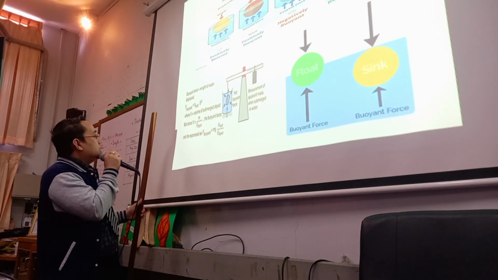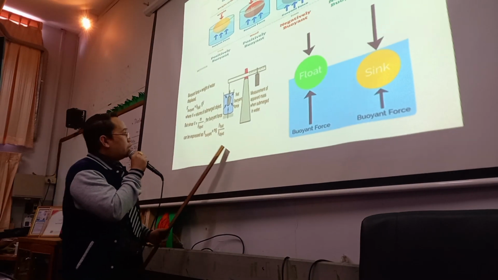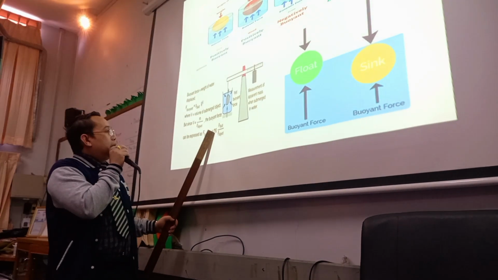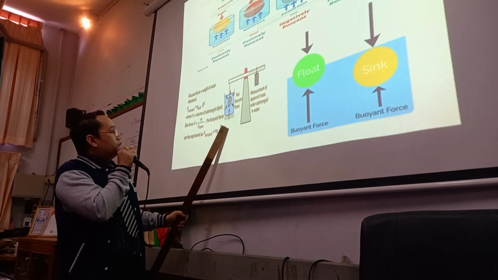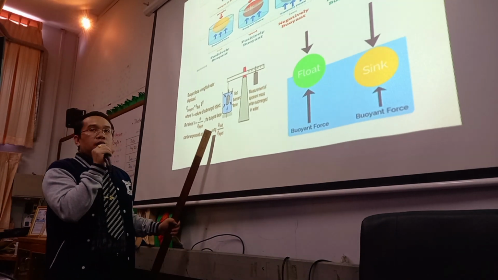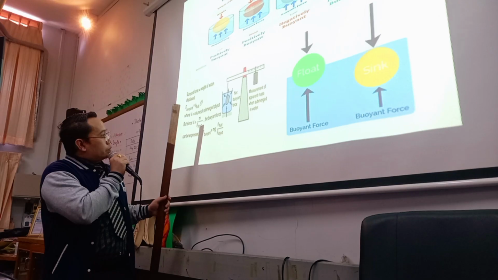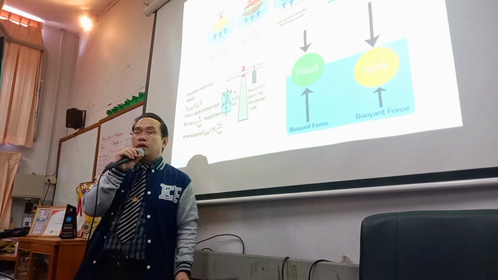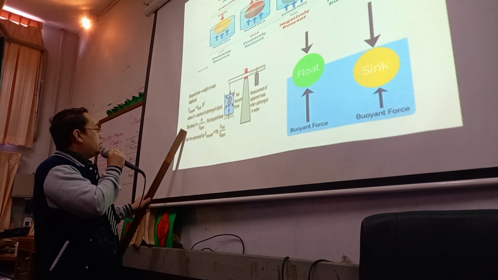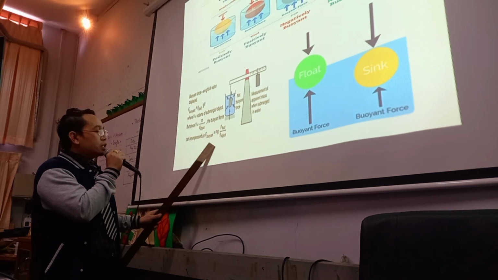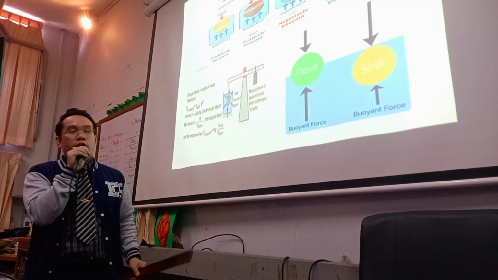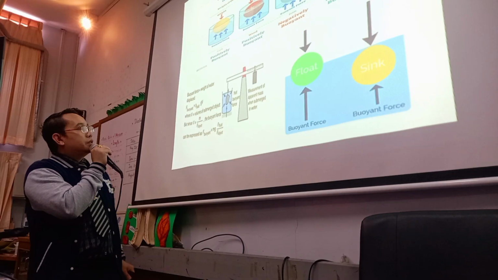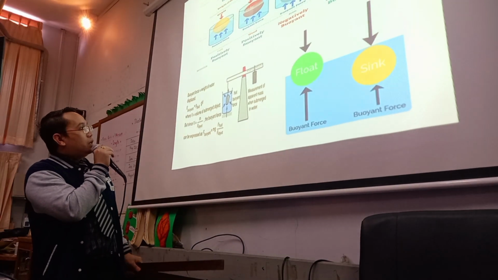So it can be expressed as buoyant force equals mass, gravity, and fluid density, and, of course, the object's mass as well. So this is literally how we express the constant equation of the buoyant force. How is it being measured?